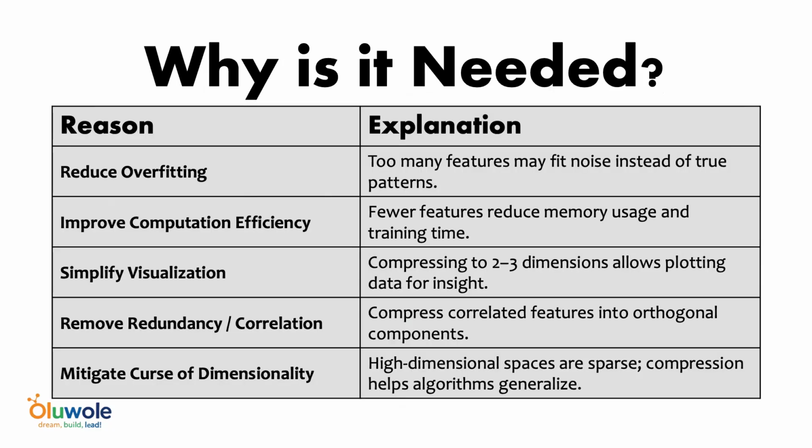All right. So why is it needed? Like we said, we reduce overfitting, because too many features may fit noise instead of true patterns. These are things that you and I have discussed also, so this is just repetition to make sure. Then it simplifies visualization. You can compress to 2 or 3 dimensions, which allows plotting of data.